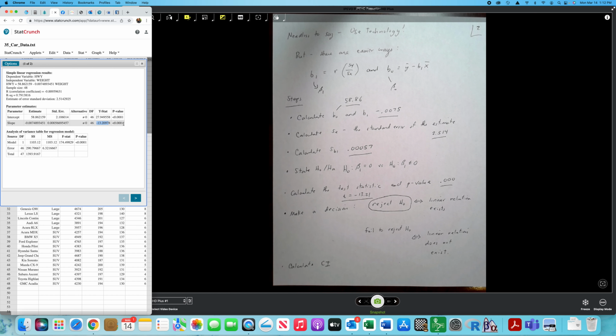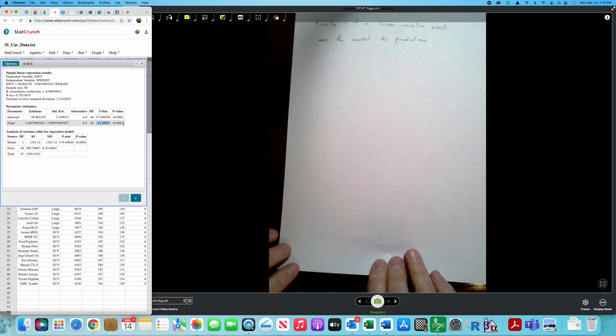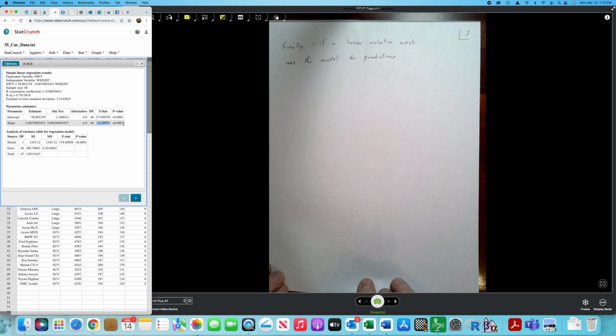Now, huge, okay, get this. This is important. I want to kind of tattoo this one to the brain, put this in flashing neon lights in your notes. Just because, let's say that we end up failing to reject H sub 0, it doesn't mean that a relationship between the two variables doesn't exist. It just means that a linear relation between the two variables doesn't exist. For example, let me just go off script a little bit here.